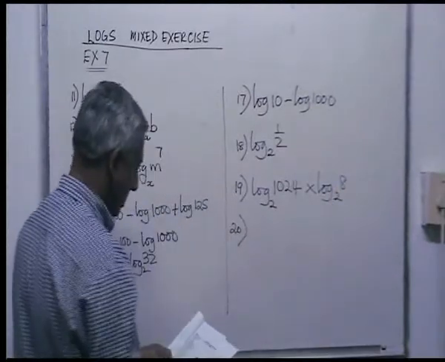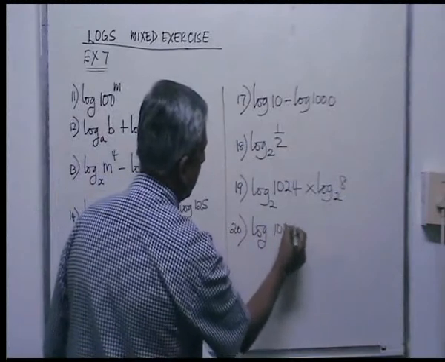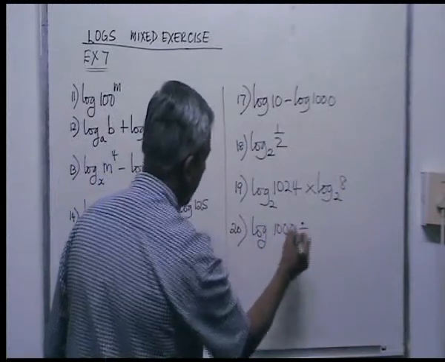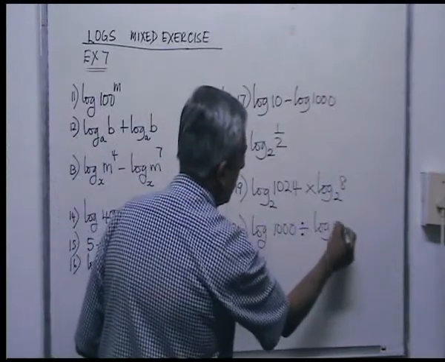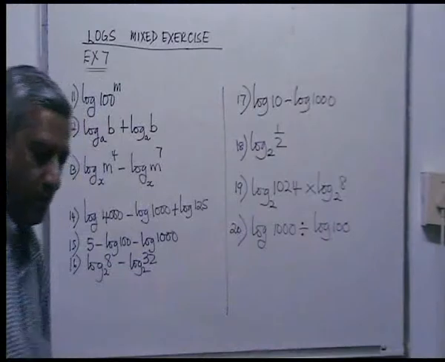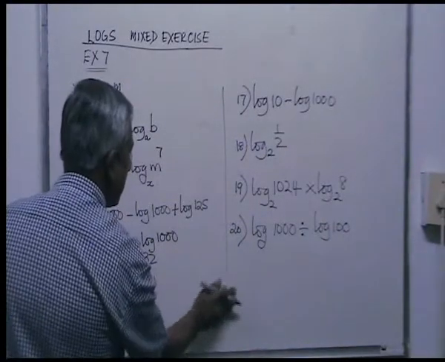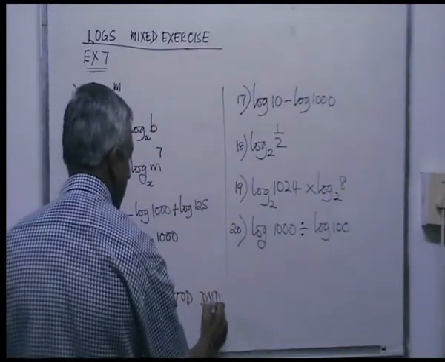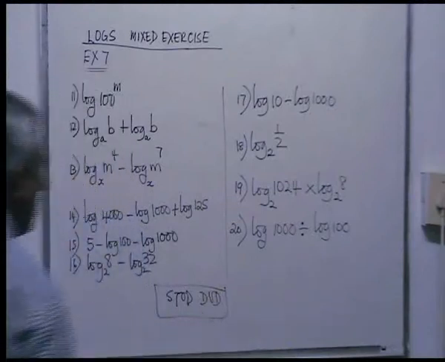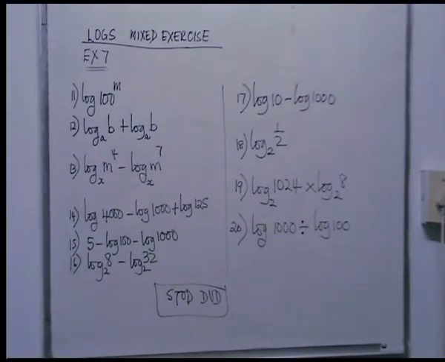And number 20, you got log 1000 divided by log 100. Right, that's number 11 to 20. Take them down, stop the DVD, try them, and then come back so that we can mark them.